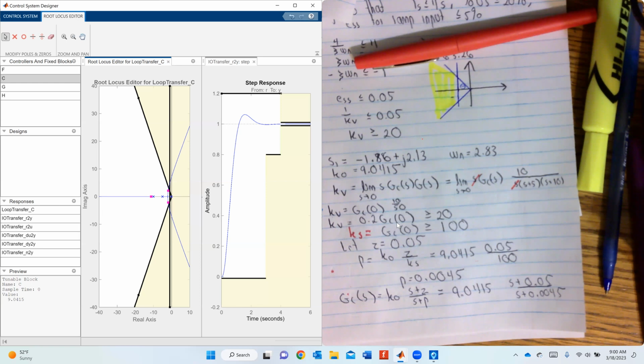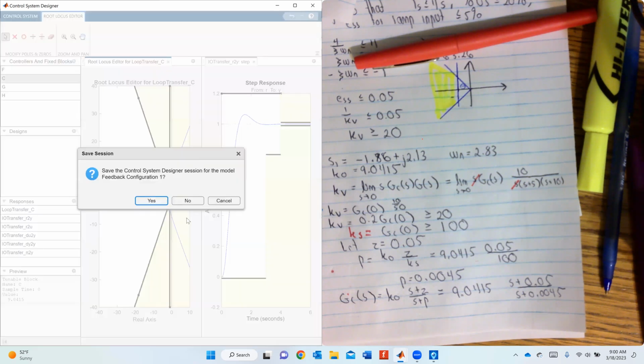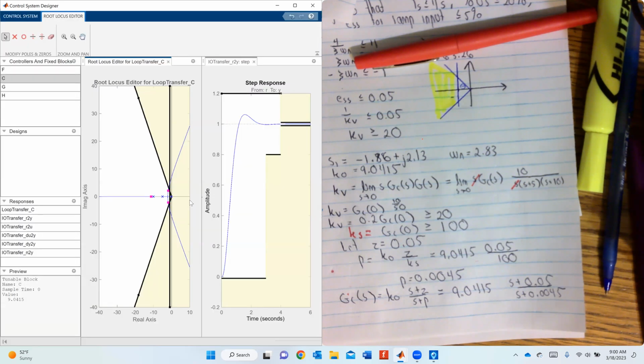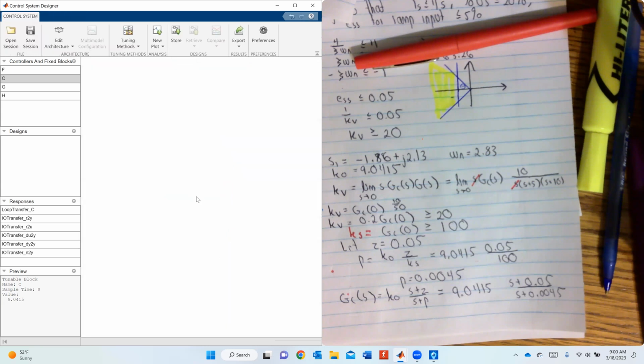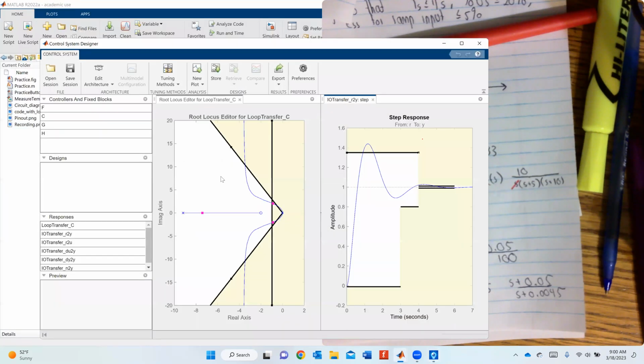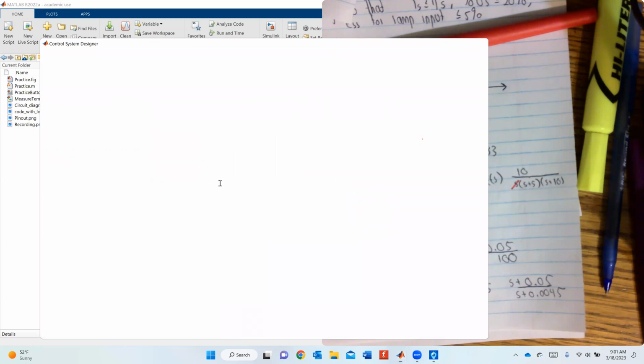So now I'm going to evaluate the controller. I'm going to go back to my MATLAB. I'm going to close this because this is not with my controller. Looking back at my MATLAB code here, I don't want to save that other session, so I'm going to close that one.